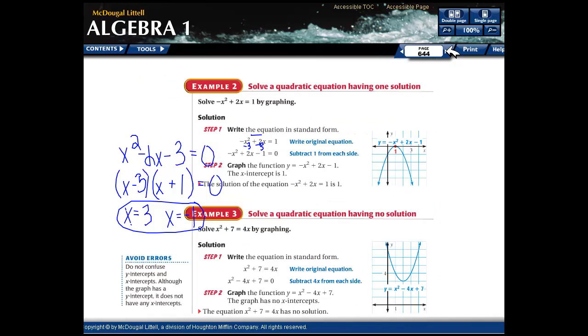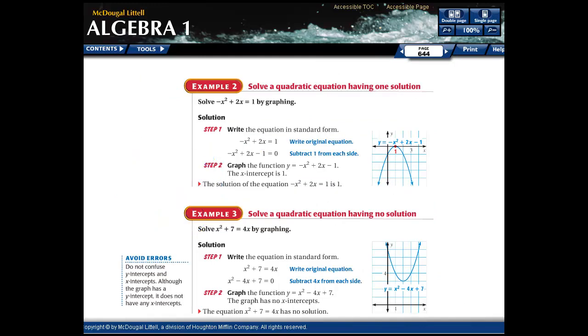Now, they all won't come out so nice and easy every time. That one had 2 solutions just because that's how it happened. Sometimes they don't always have 2 solutions. Sometimes there's 1.